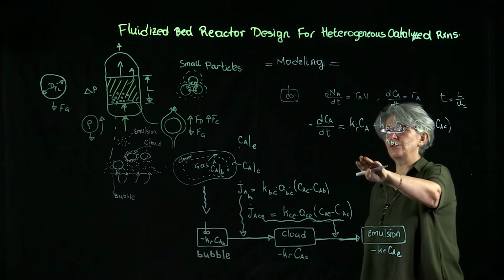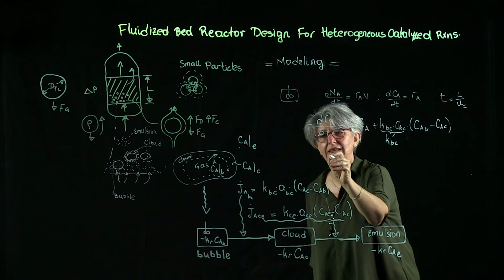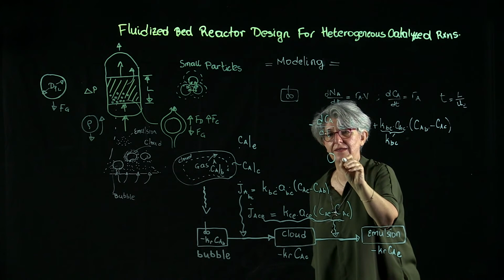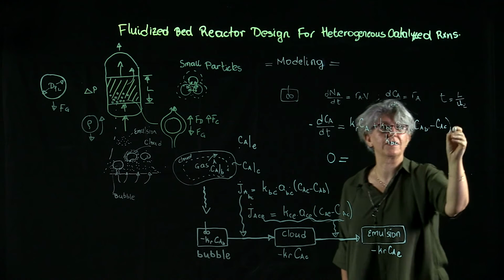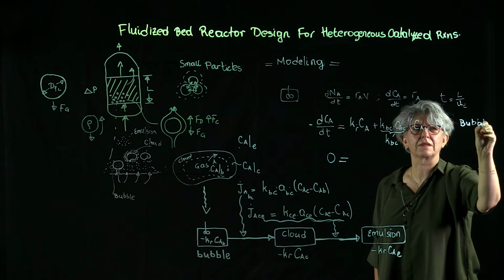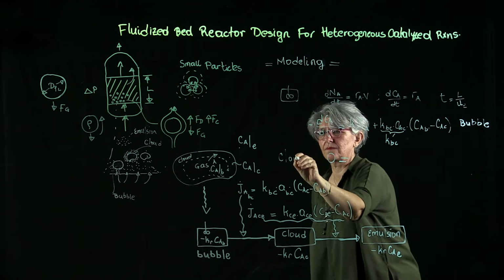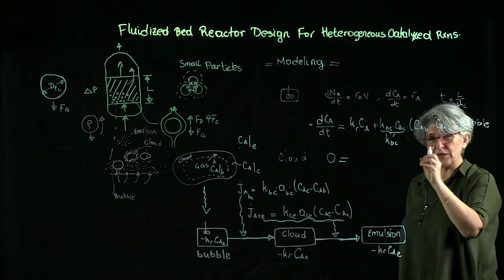In other words, we are going to write the species conservation balance for a CSTR under steady state conditions. This was the bubble. For the cloud, our balance will be pretty much the same.